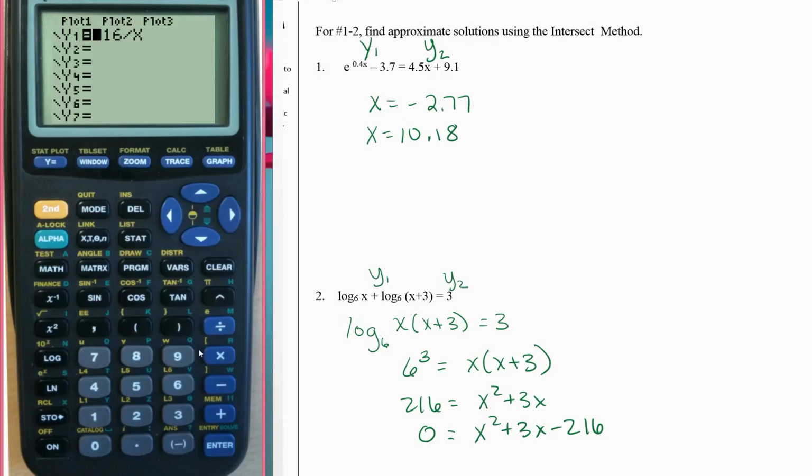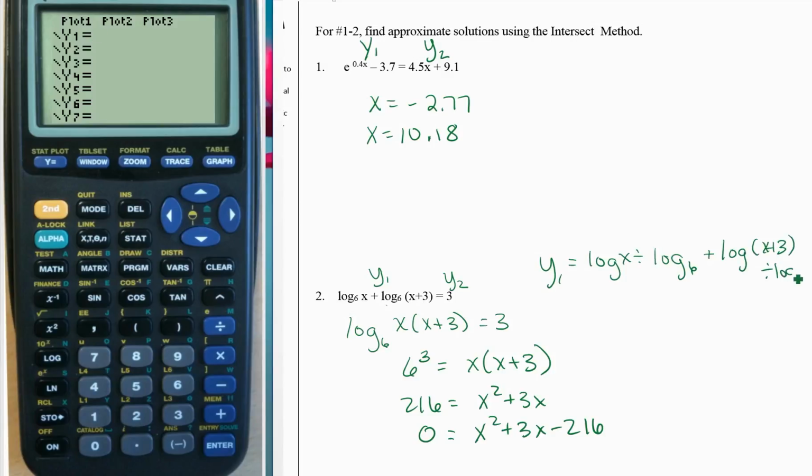Now remember, unless you have a newer version of the calculator, we are going to have to use the change of base rule to put this in our calculator. So in y1, to do log base 6 of x, we're going to have to do log of x divided by log of 6. And then to do this one, we're going to have to do plus log of (x plus 3) divided by log of 6.